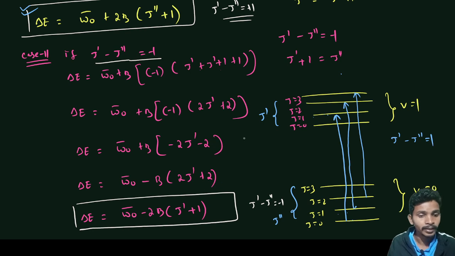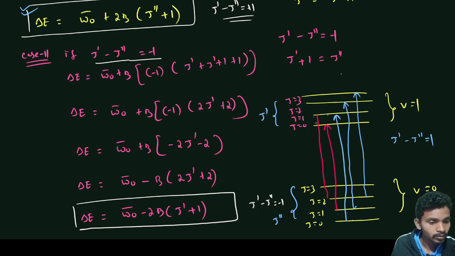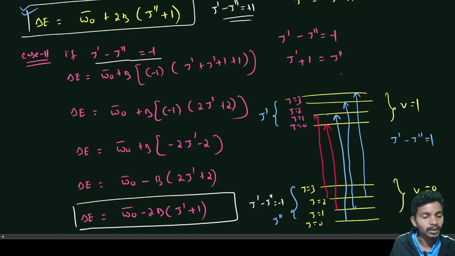And let's look at this transition where this is minus 1. In that case, this will be 0 and this will be 1. Let's say this type of transition. So here this is 0 and this is 1. So 0 minus 1, that is minus 1. Or we can see this transition, these two, this transition, these are like that transition.